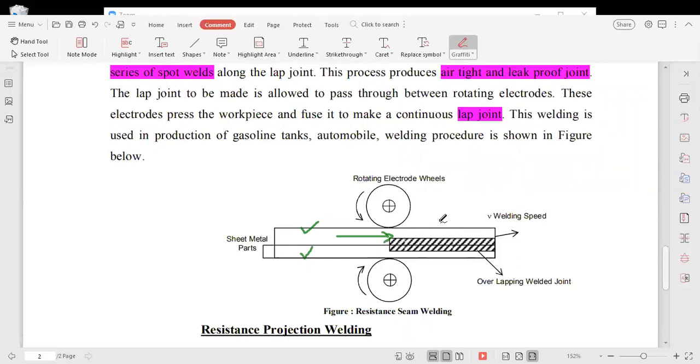Pressure, depending upon the gap between these two wheels, the force is applied on them, and इस तरह से welding permanent joint एक generate होता रहता है इन दोनों sheets के contact में. So this is what is seam welding.